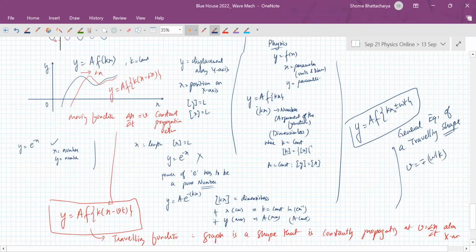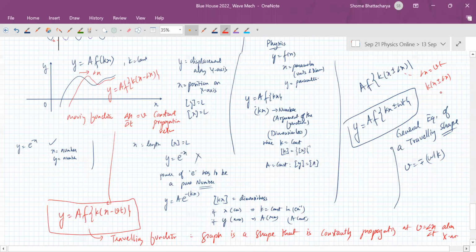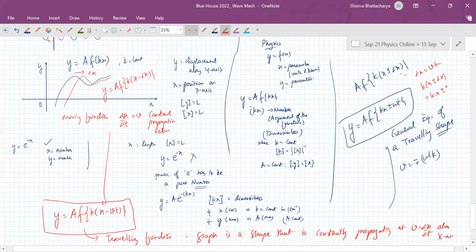So if the sign between these two terms, this term is a f of k into x plus or minus delta x, where now our delta x should be equal to vt. So kx plus or minus delta x can be written as kx plus or minus omega t, where omega is this term.